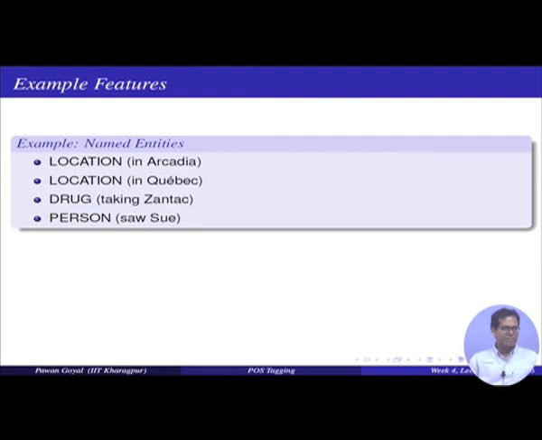So let's see some other examples of features. This is again for a generic sequence labeling task. Here it is for finding named entities. It can be location, drug and person, 3 different named entities. Some examples are given: in Arcadia is a location, in Quebec is a location, taking Genentech is a drug, and Saussure is a person. Now you are defining certain features.